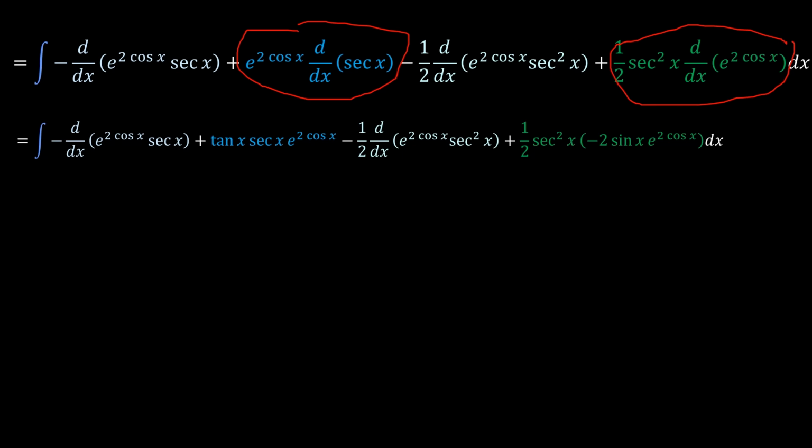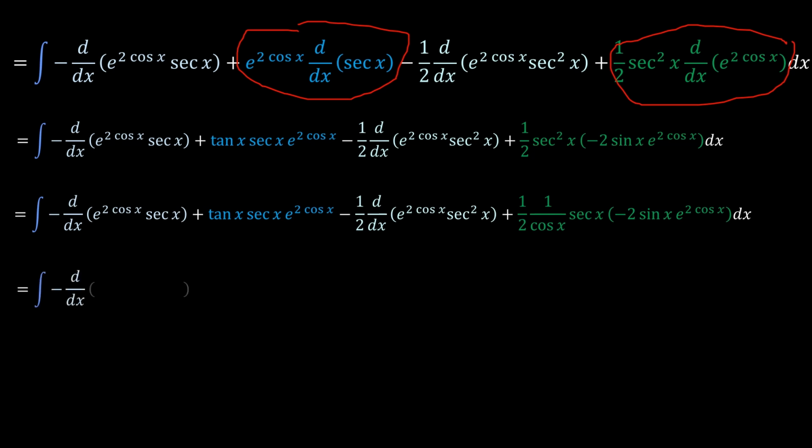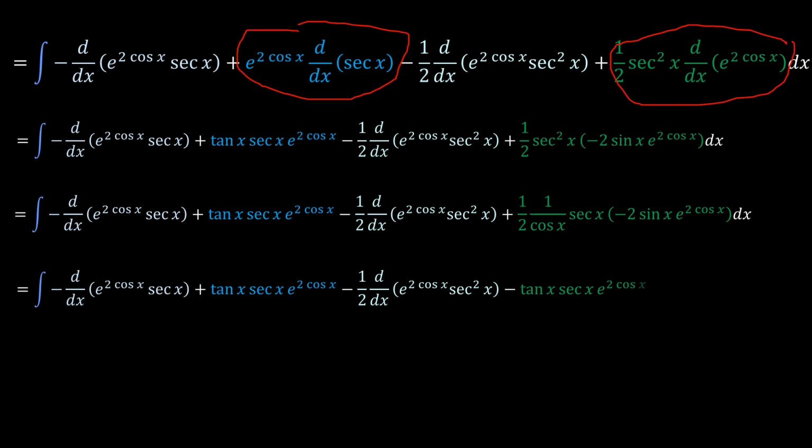Now sec squared x is the same as 1 over cosine x times sec x, and as we continue with our process, we see that this and this interact, so we have tan x, and this half and 2 interact, so we have a negative 1, and then we have sec x. So this results in a negative tan x sec x e to the power cosine x.